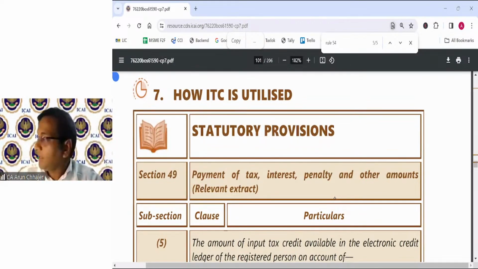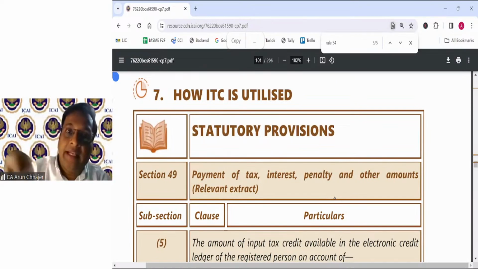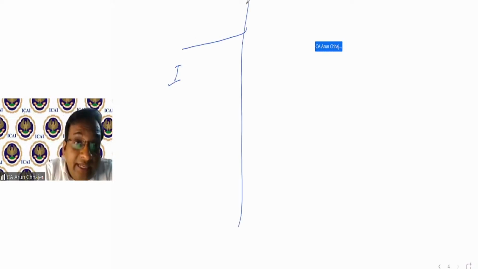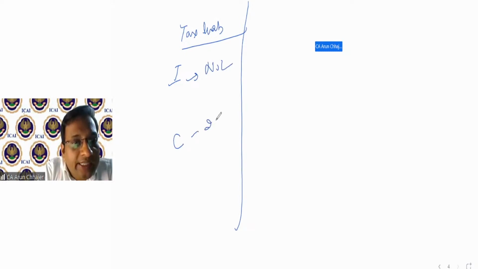Before reading the provision, let me ask you one question, because you all are CA Final students. Suppose I have the tax liability of IGST nil, CGST 20,000, SGST 20,000.